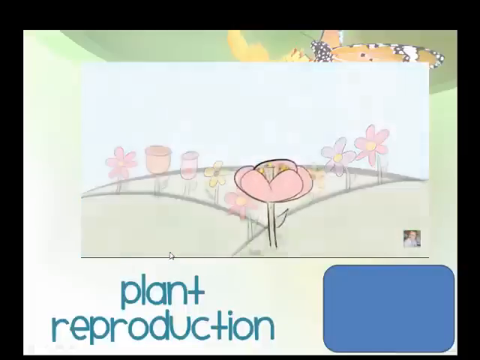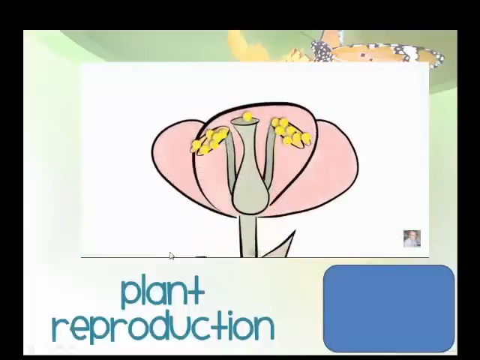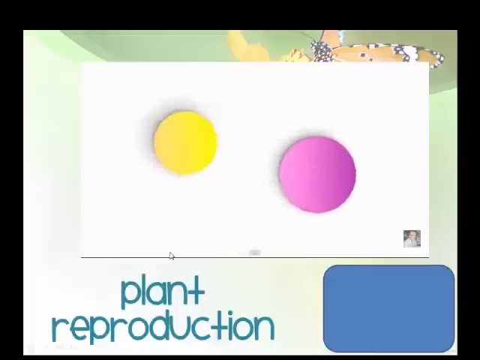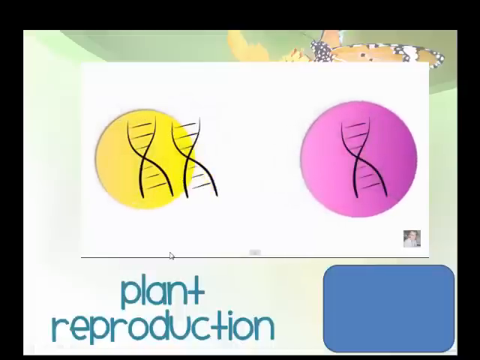Once the pollen lands on the pistil, the plant has been pollinated. The next step is fertilization. The joining of the reproductive cells happens when the pollen grows a tube down the female part and meets with the egg. Genetic material from the pollen and the egg combine.